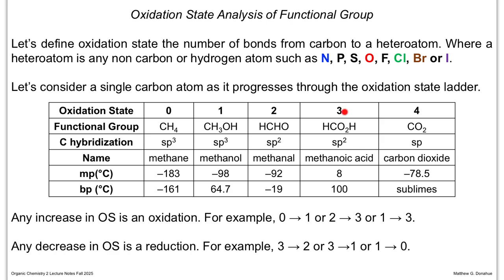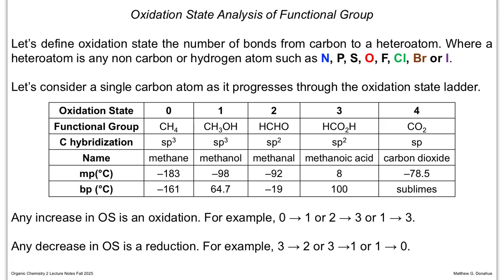1 to 2, 1 to 3. So when the number increases, that's called an oxidation. When it decreases, that's a reduction. So within those two general things, we're just going to learn the reagents that do it. As long as you can track the oxidation state and then classify oxidation or reduction, you'll have an idea of what is happening.